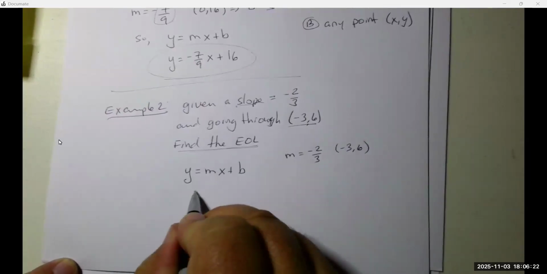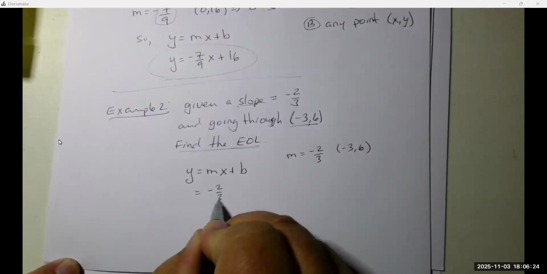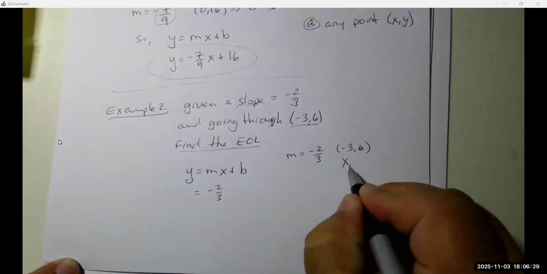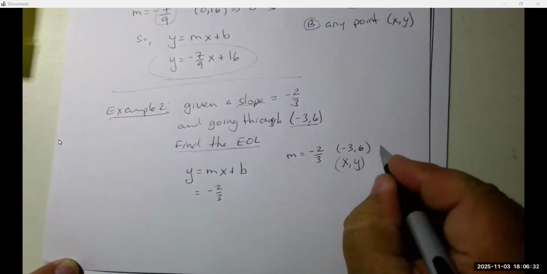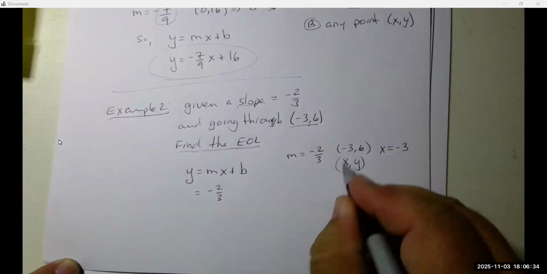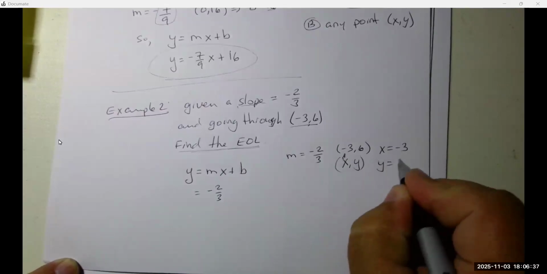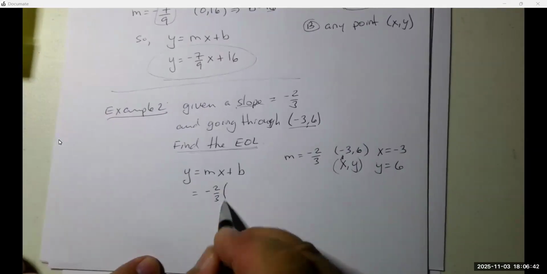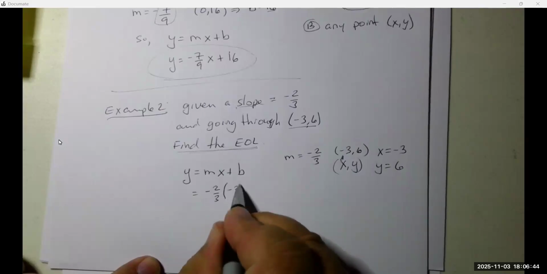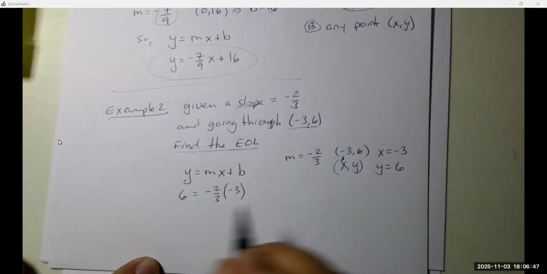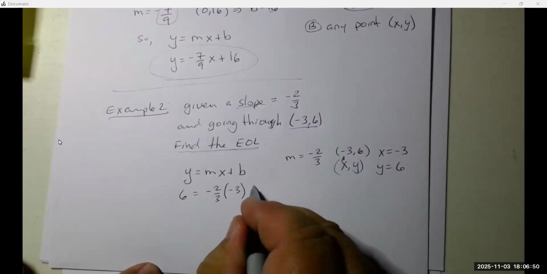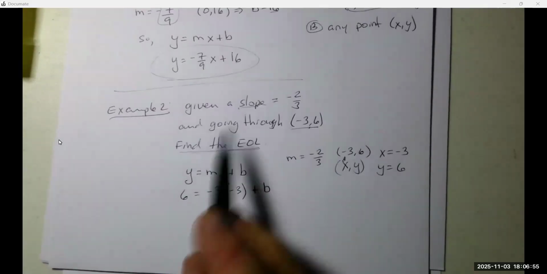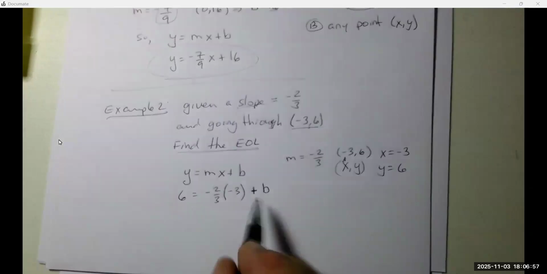Well, we know our slope, m, is negative 2/3. This is a point. A point has an x and y component. So the x value is negative 3, and the y value is 6. So we plug those inside here. The x value is negative 3, and the y value is 6. The only thing we don't have is the y-intercept. We have to find that.